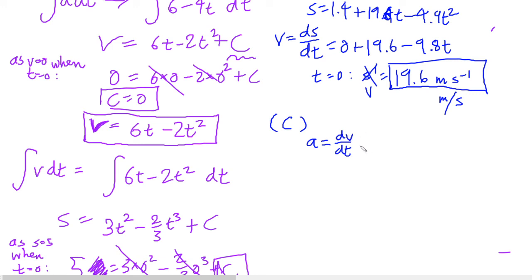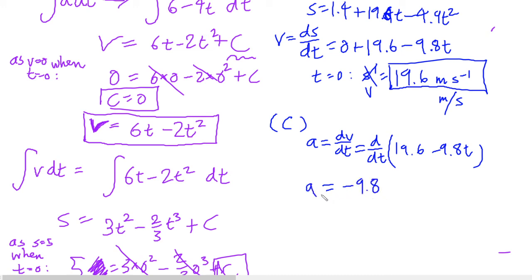And since velocity is 19.6 minus 9.8t, we'll write d by dt of 19.6 minus 9.8t, which is, well, 19.6 is a constant term, so it becomes 0, and minus 9.8t becomes minus 9.8 because it's a linear term.